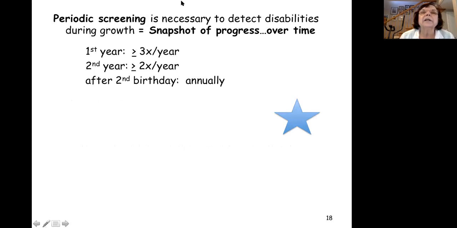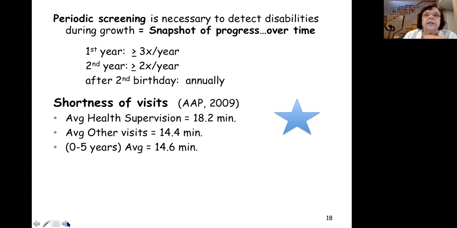So in general, it is really the periodic screenings necessary to detect these disabilities during growth, and it's really a snapshot. Children are seen more than 3 times in the first year, more than 2 times the second year, and then annually after the second birthday.